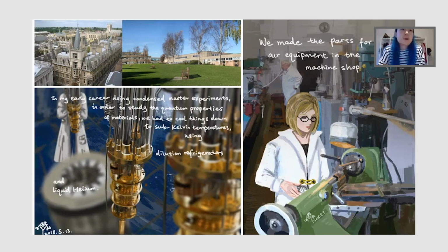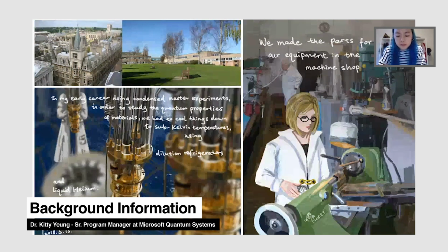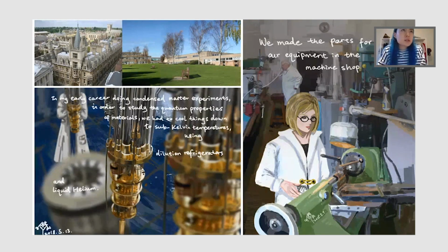Just a little bit about myself: I am a physicist, and I started my professional study at the University of Cambridge, where I did condensed matter physics and worked in the labs on low temperature physics and optoelectronics. I built a lot of equipment and did experiments on the fundamental properties of materials, so studying quantum matter.